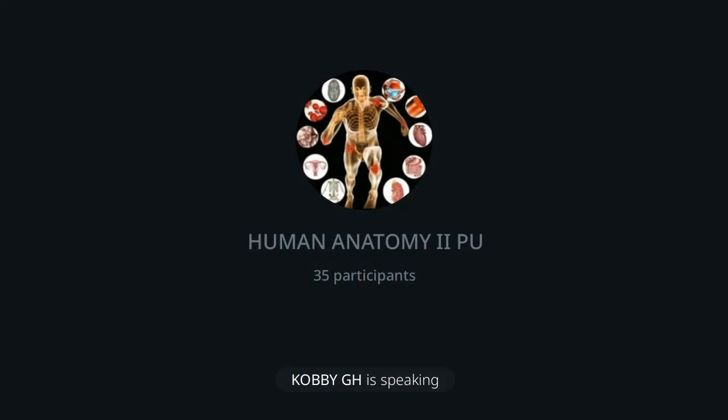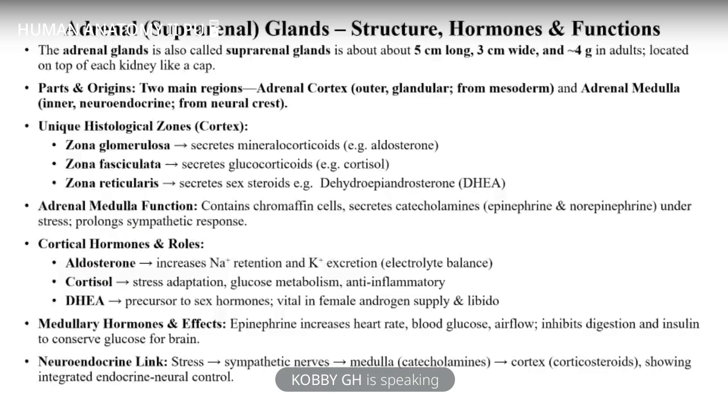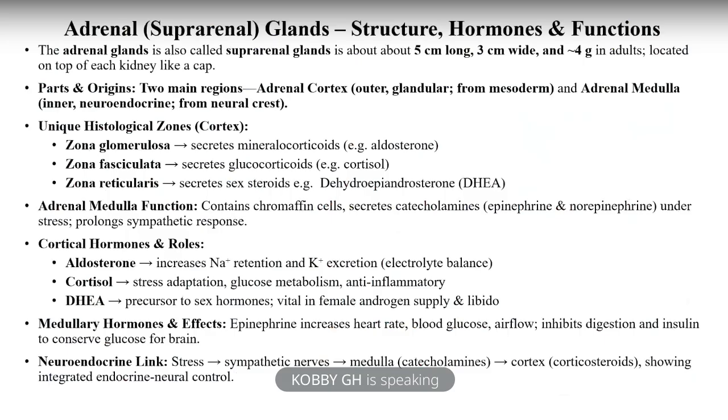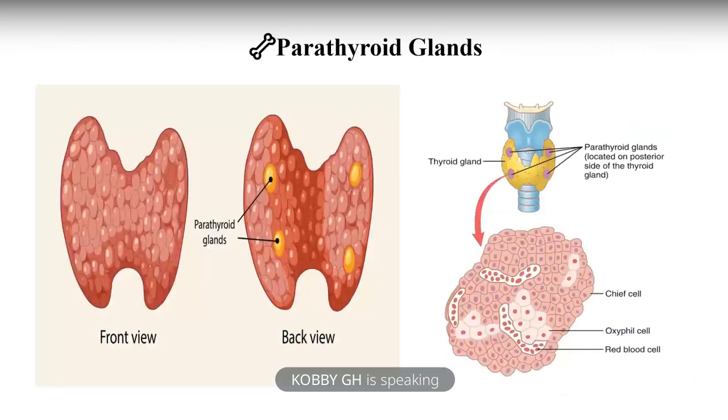So anatomically, the adrenal gland is divided into two parts. If I ask you to list all the hormones produced in the adrenal gland, what will be your answer? You see, this time I say all. So how will you answer this question?